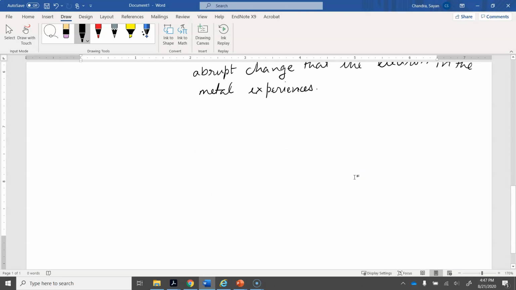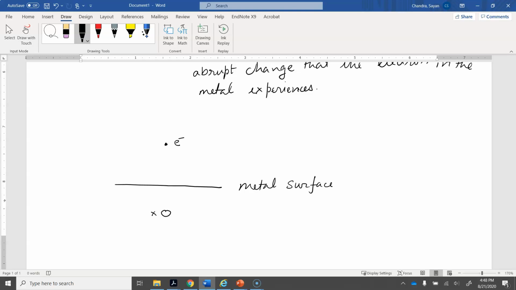So let's just take a look at what goes on at the surface of the metal. Let's assume that this is the metal surface, and an electron which was located at a certain position here just was able to escape the surface of the metal, and right now this is where your electron is.